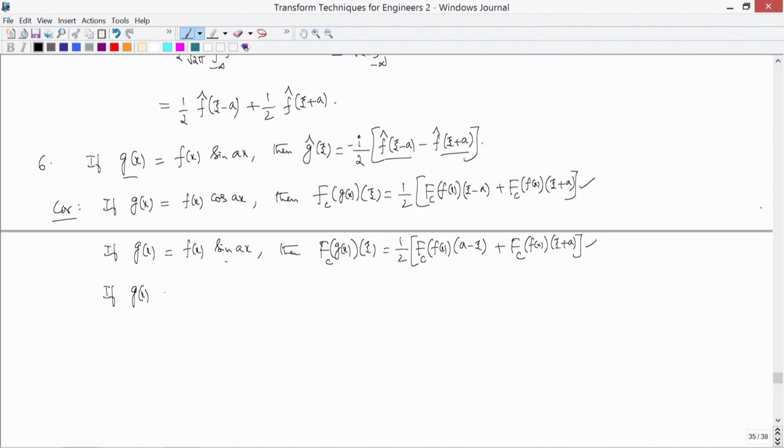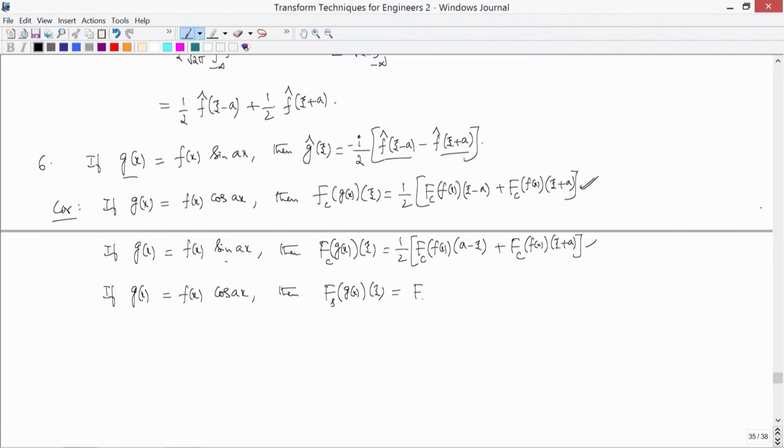Similarly, you can get, if g of x is f(x) cos ax, then the Fourier sine transform F_s of g of x at xi is basically the same as what you get here.